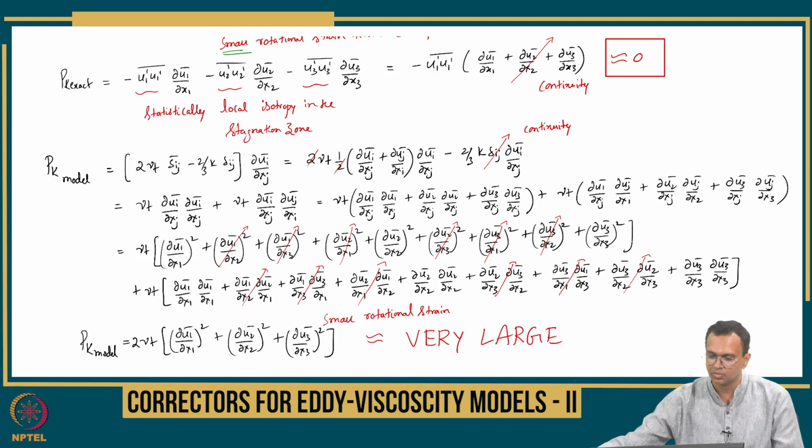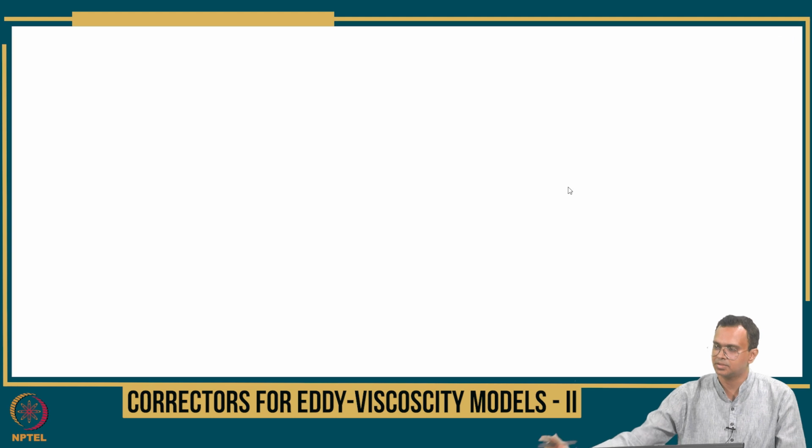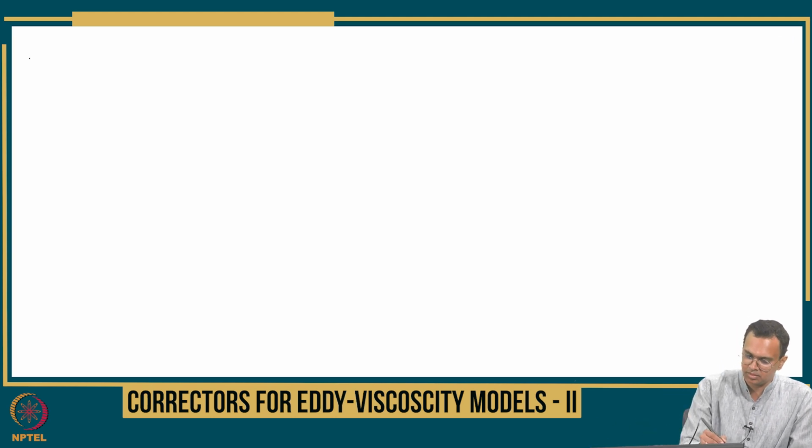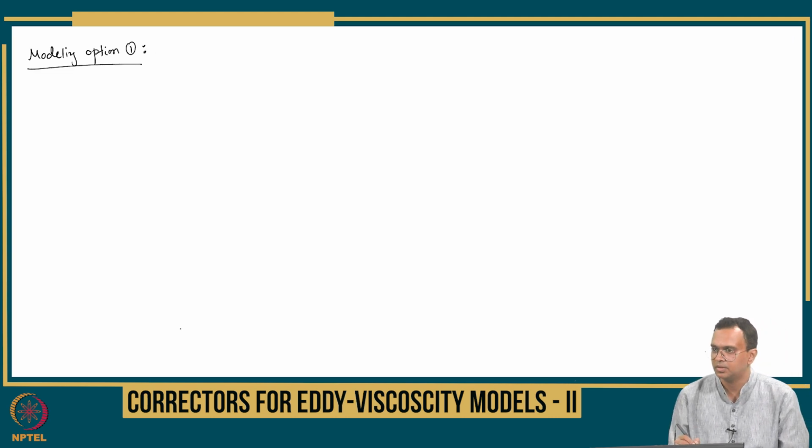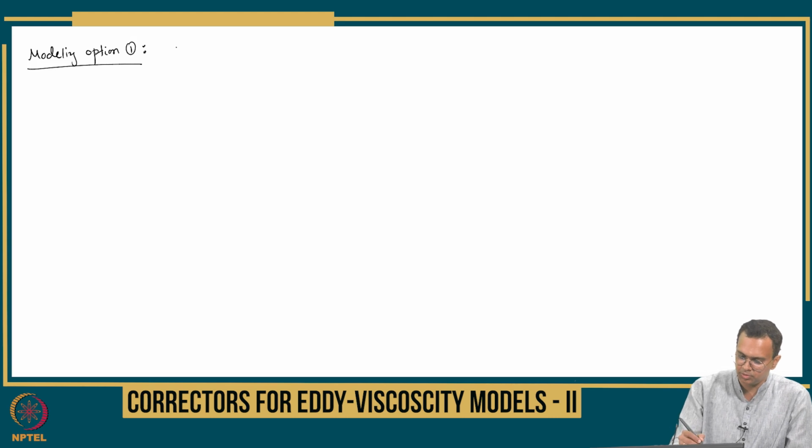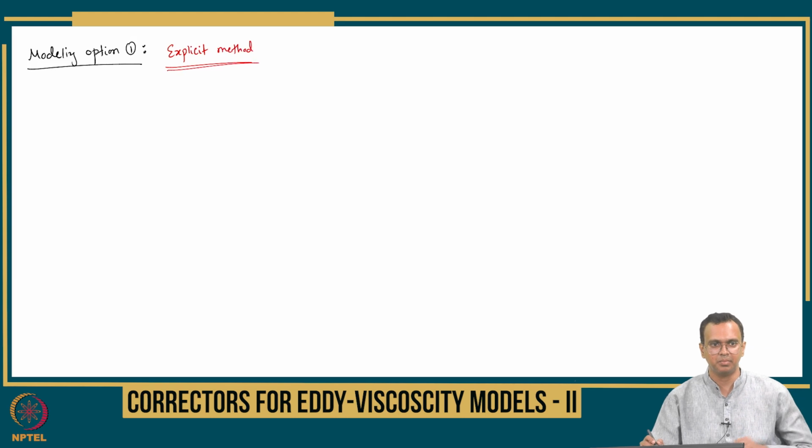Okay. So there are two methods to have a solution here. One modeling option is to go after a limiter for the production rate of turbulence kinetic energy, a pk limiter, and this modeling option you can say or call explicit method, not to be confused with any CFD techniques here, explicit, implicit methods.